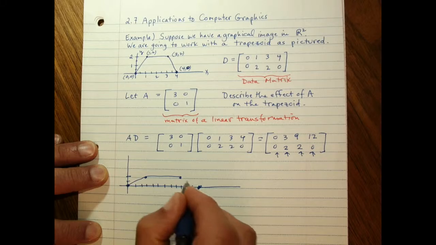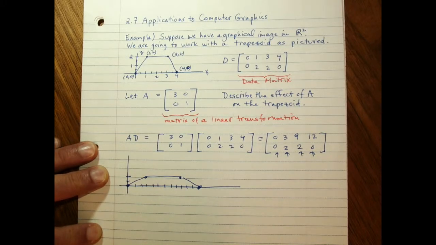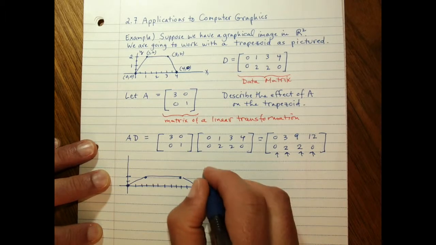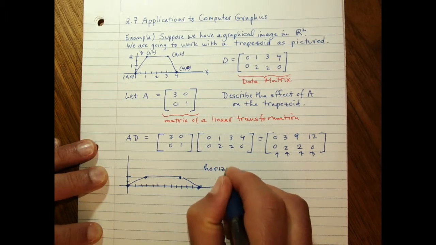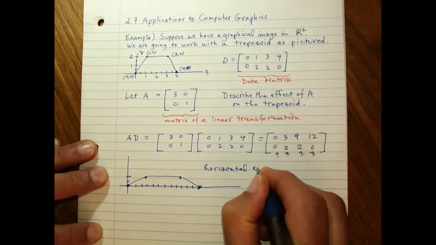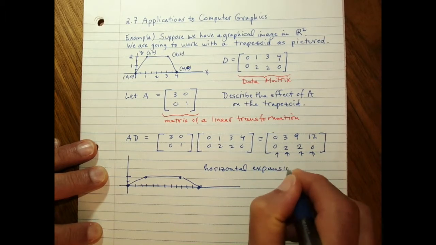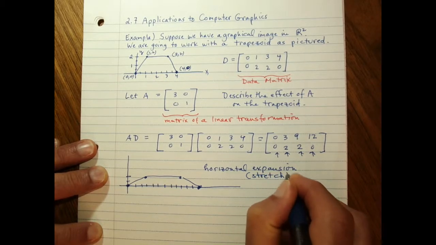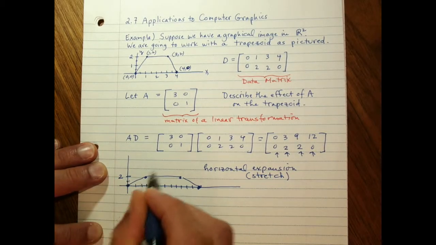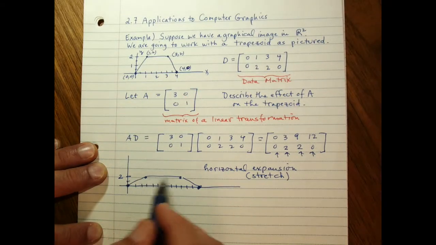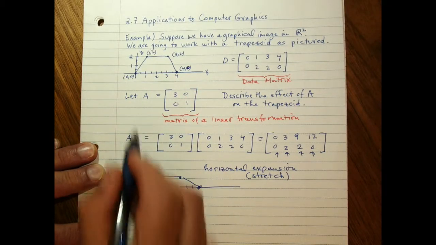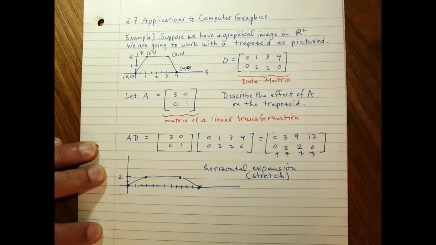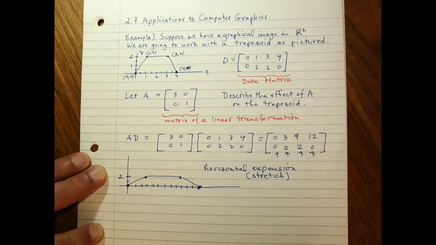And so what's happened is our original trapezoid has had a horizontal expansion, or a horizontal stretch, you might say. There's no vertical change. I changed my scale here a bit. We're still sitting at points with coordinate 2 on the y-axis.